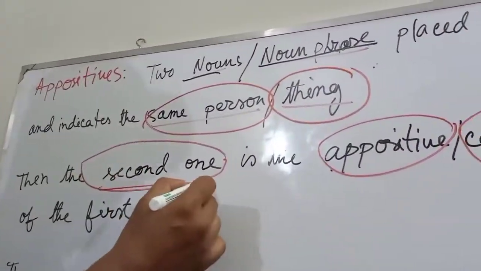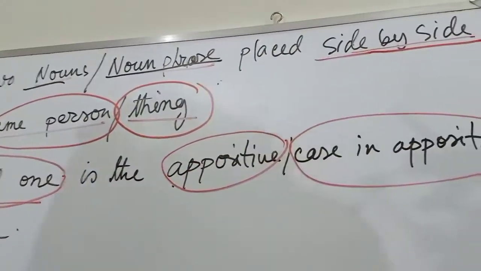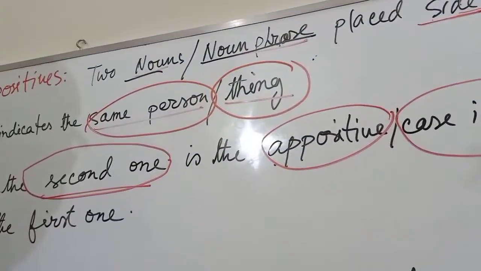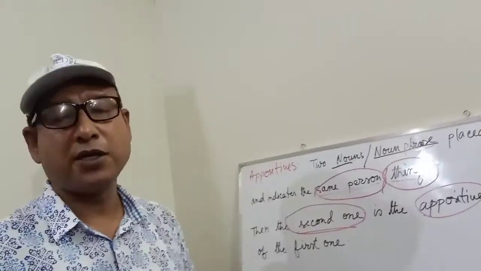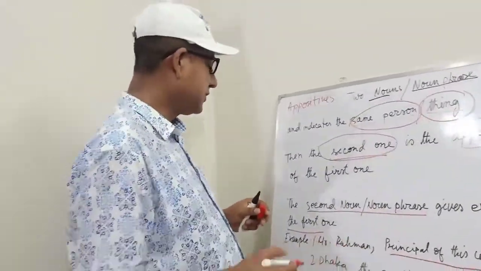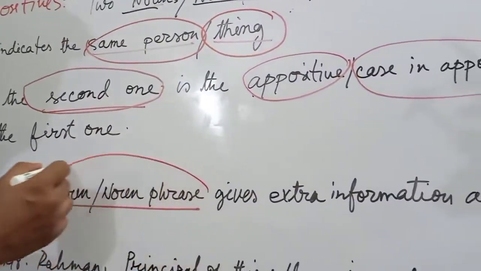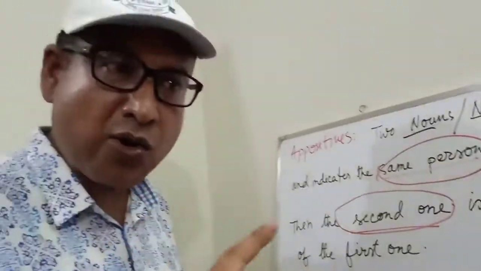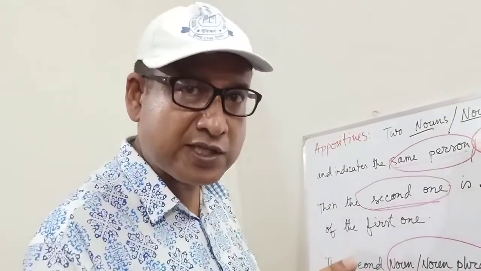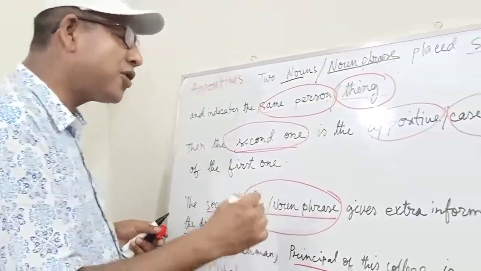The second one is the appositive or case in apposition. The second one is the appositive of the first one. Two nouns or noun phrases are placed side by side, but the second noun or noun phrase gives extra information.